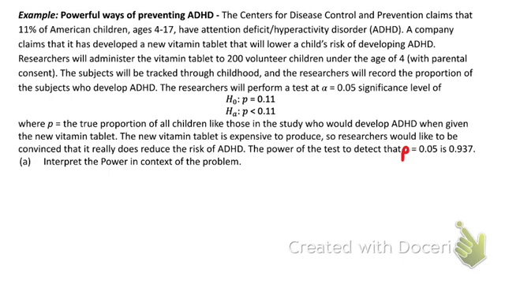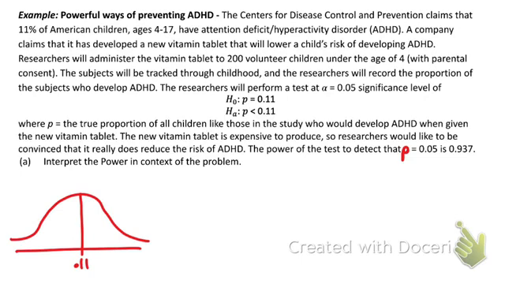Now, let me explain to you guys what that last little statement says. Basically, we have a distribution centered on 11%. We have a null hypothesis at 11%. This is the proportion of kids that get ADHD.